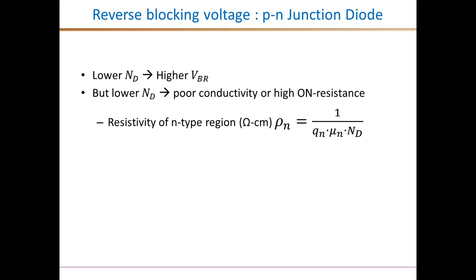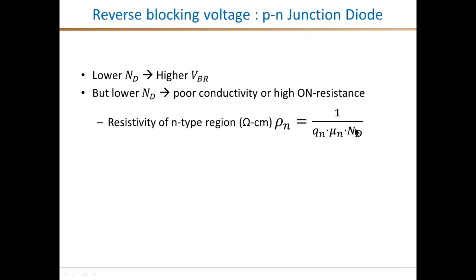Okay, so lower ND can result in a higher breakdown voltage rating, but lower doping concentration also means poorer conductivity, or in other words, higher on-state resistance for the diode. This is because the resistivity of the N-type region is given by 1 over q times the electron mobility times the doping concentration.